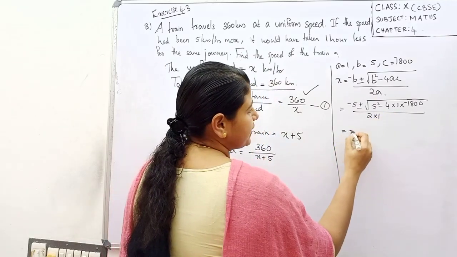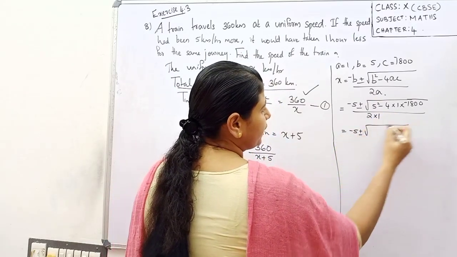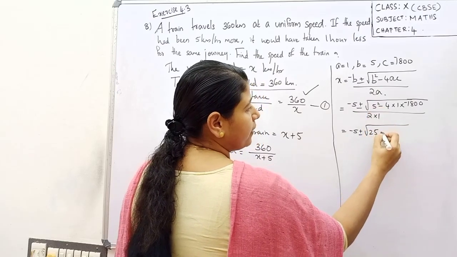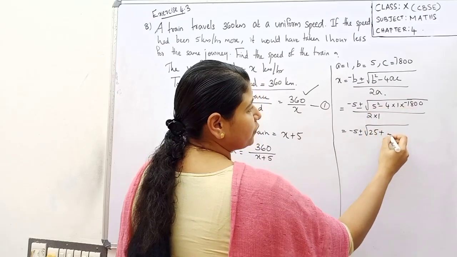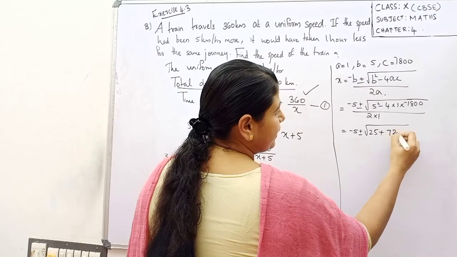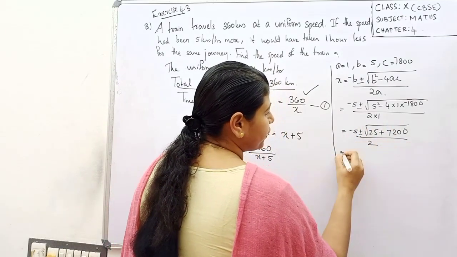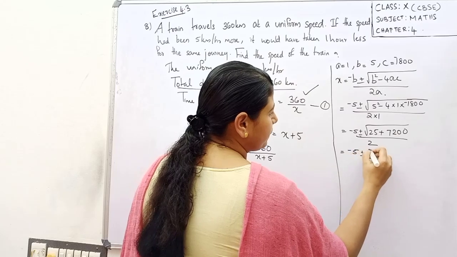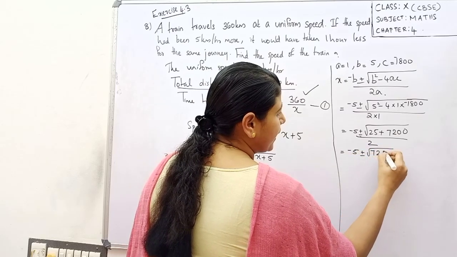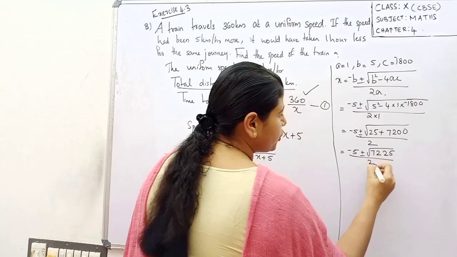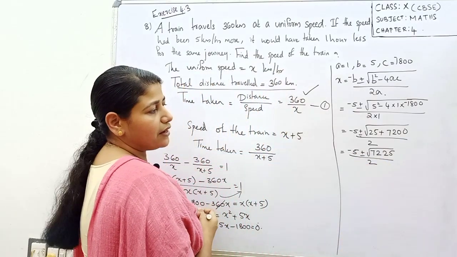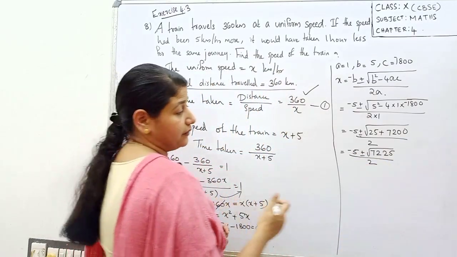Okay. So this is negative 5 plus or minus root of 5 square is 25. Negative into negative is positive, 1800 into 4 is 7200, isn't it? By 2. So you will get negative 5 plus or minus root of 7225 by 2. Square root of 7225 is 85, isn't it?